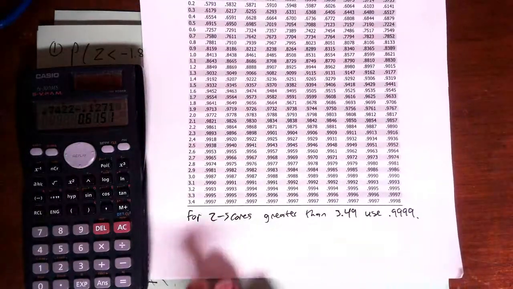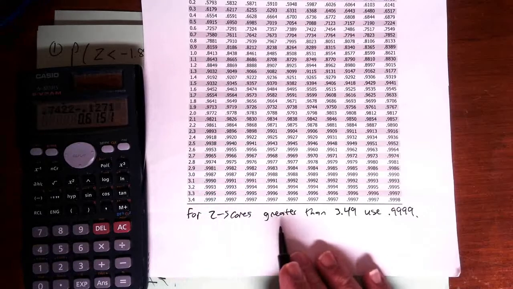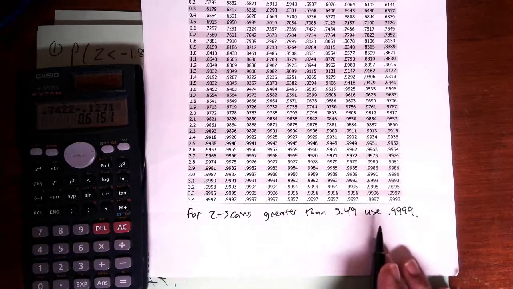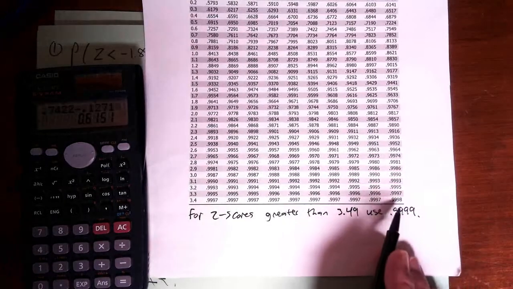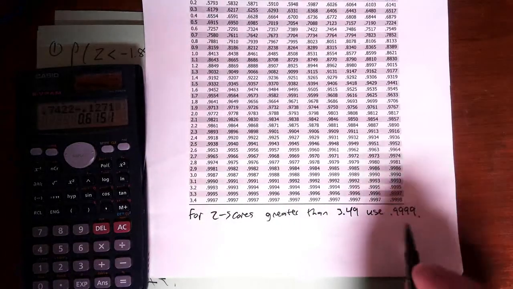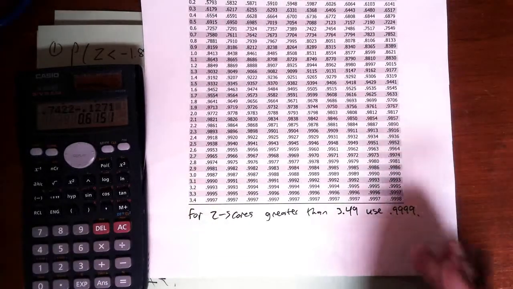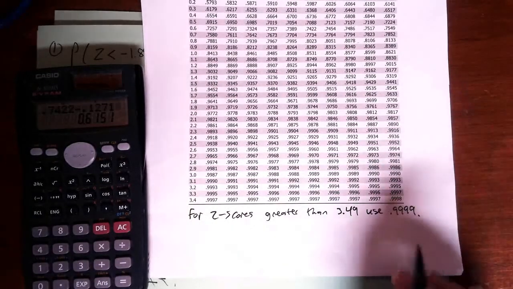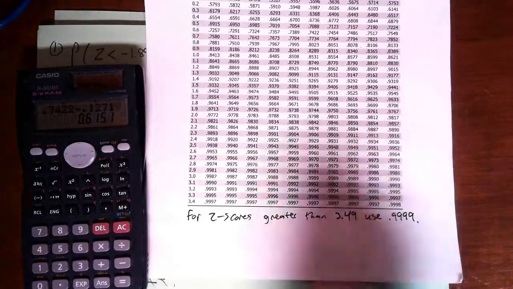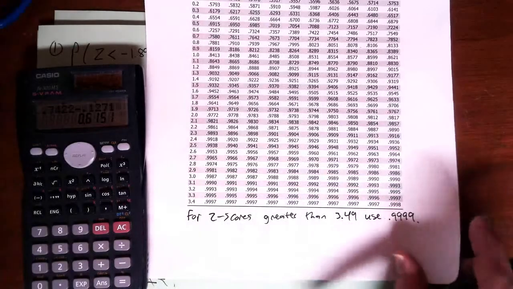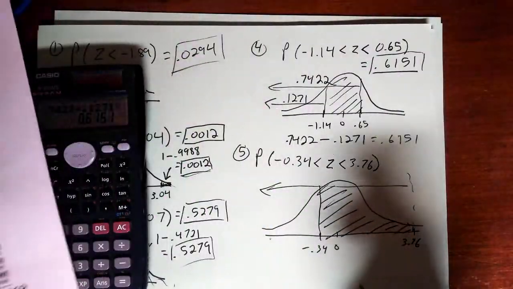So you can see down here what you do in this case. It says for z-scores greater than 3.49, you're going to use 0.9999. And the idea here is that you're using the largest number that you can use to 4 decimal places without just being 1. Okay? And so that's what you're going to use. So you may want to write that on the table, okay, as a reminder.